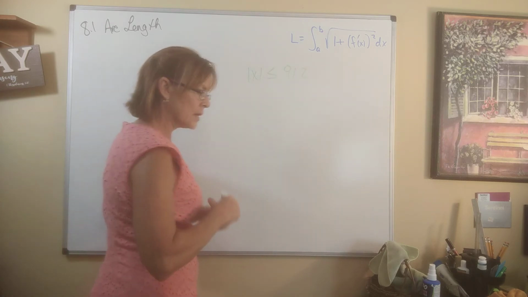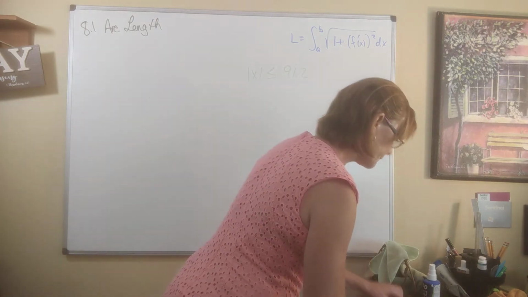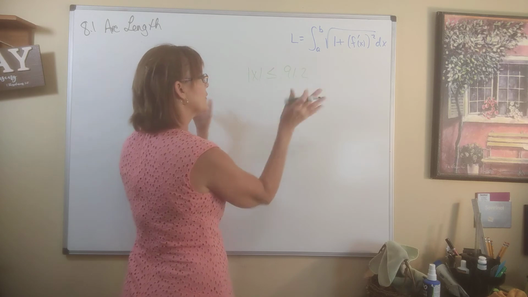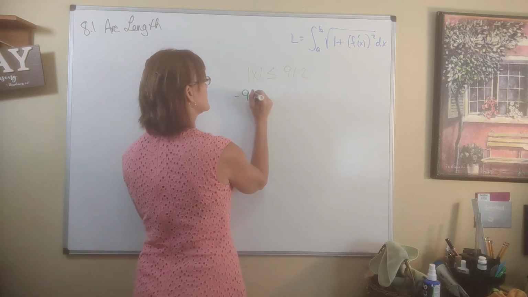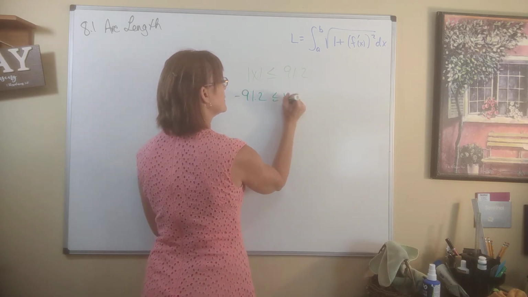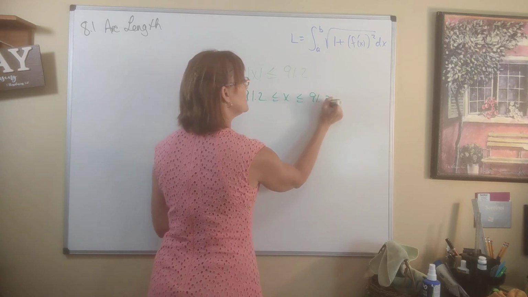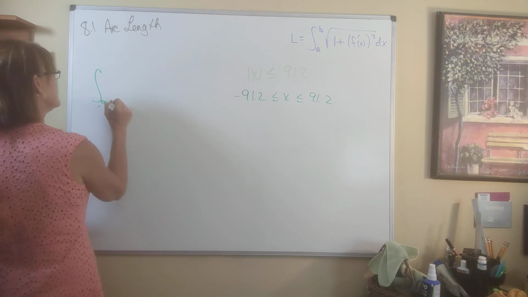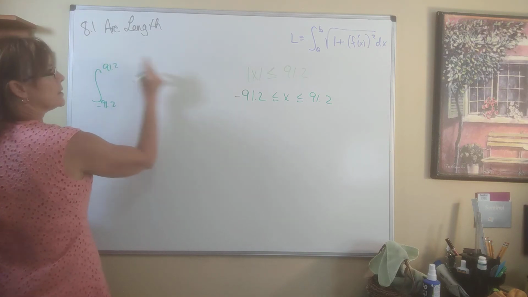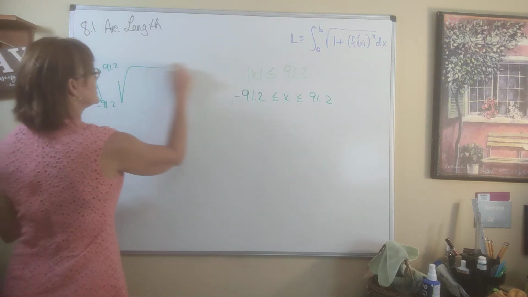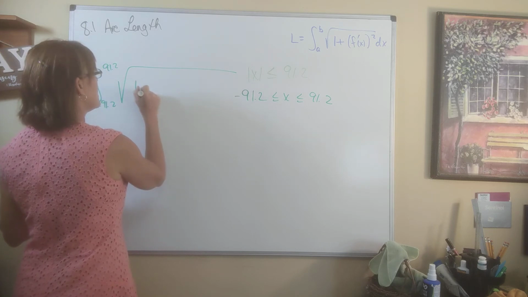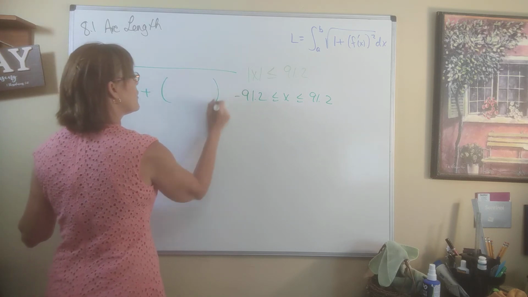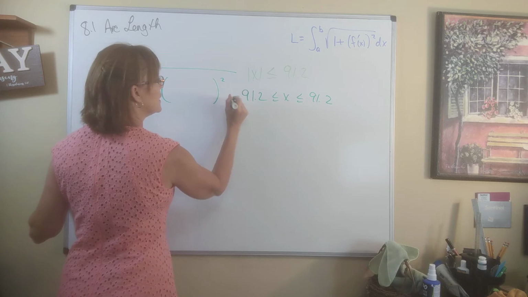Then when you take off the absolute value signs, this becomes negative 91.2 to 91.2, and so that gives us our limits of integration. Negative 91.2 to 91.2 is our a and b. The square root of 1 plus the derivative of y squared dx.